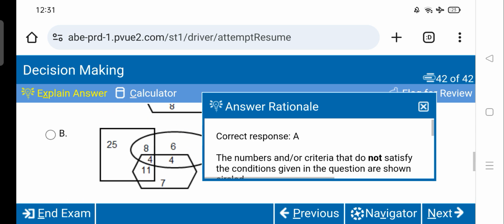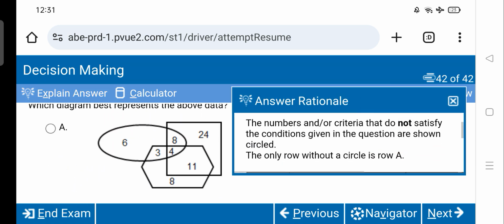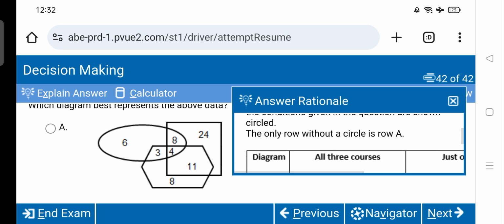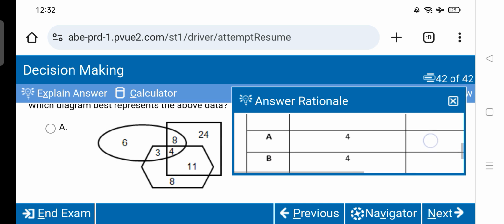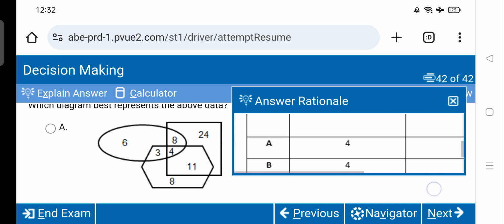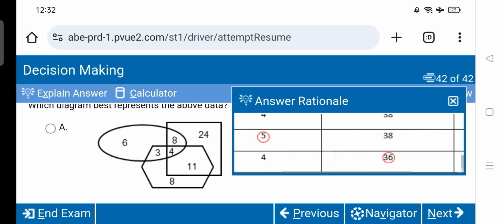So option A is the correct option, as the numbers or criteria that do not satisfy the conditions given in the question are shown circled. The only row without a circle is row A. So here we have diagrams A, B, C, D and all 3 courses 4, 4, 5 and 4.